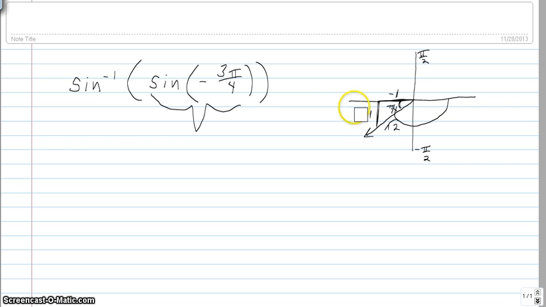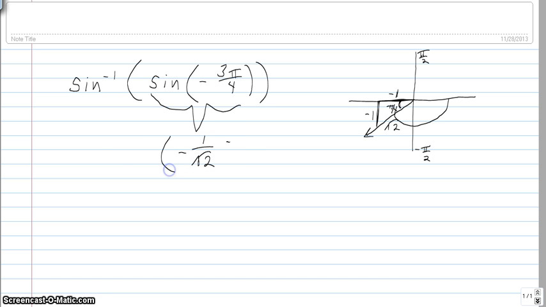Oops, that should be a negative 1. So the sine of that angle is opposite over hypotenuse, minus 1 over root 2. So this value is minus 1 over root 2.